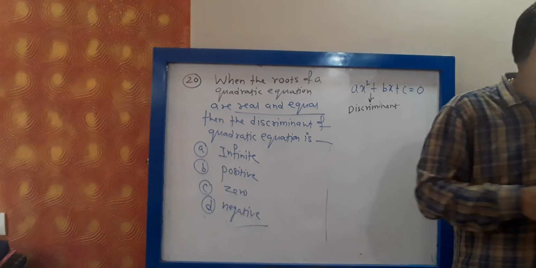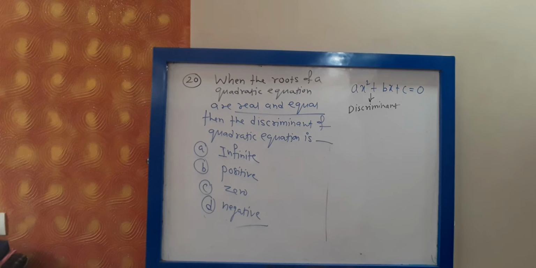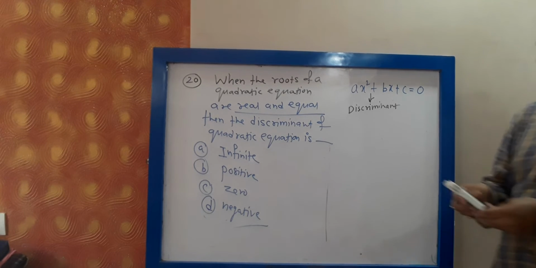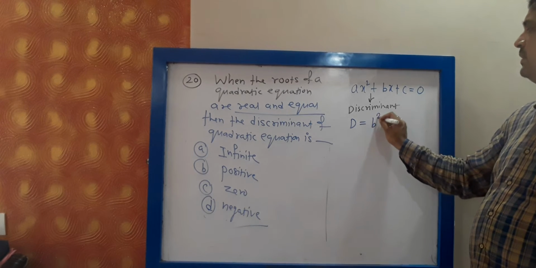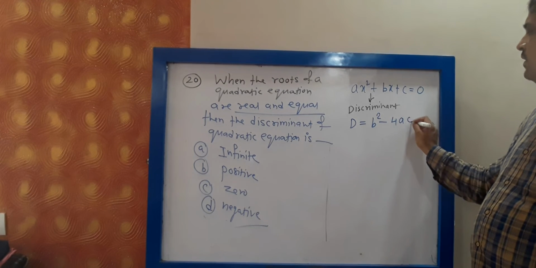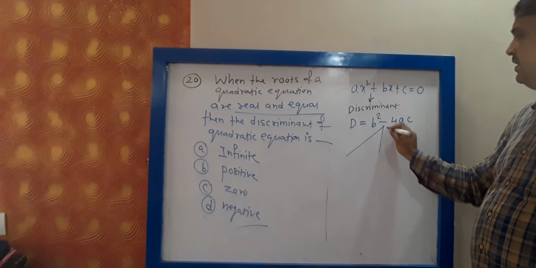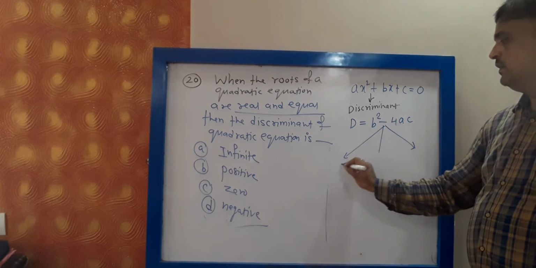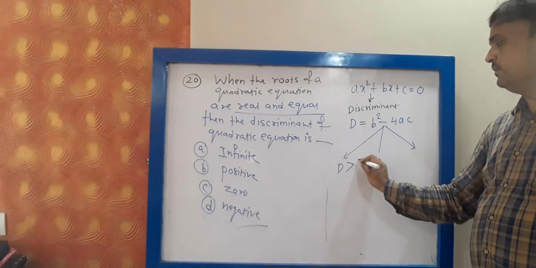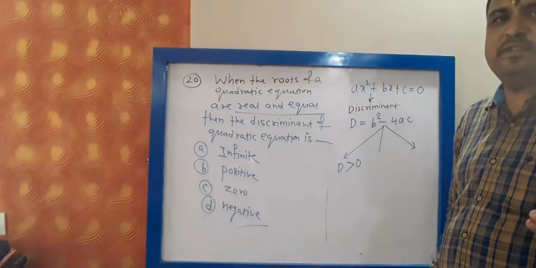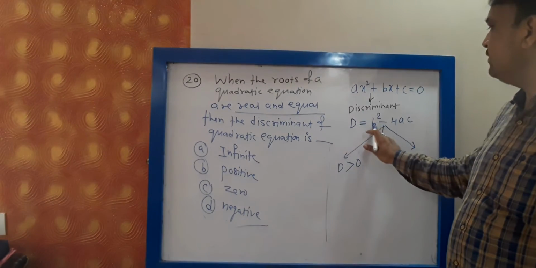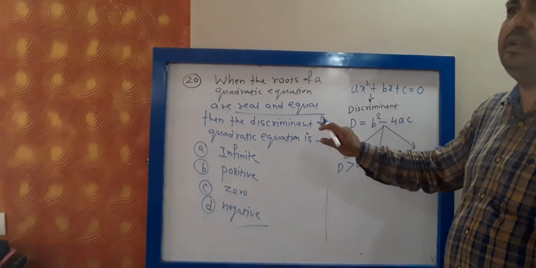How do we find the discriminant of the quadratic equation? That is D, by the formula b square minus 4ac. We simplify b square minus 4ac and we get the value of D.